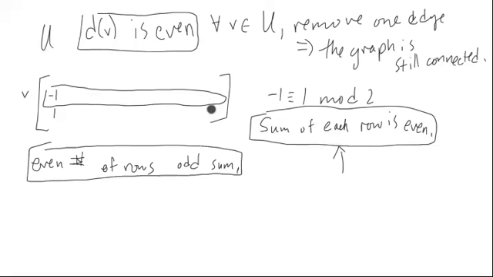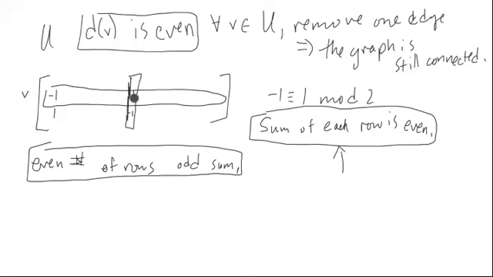All right. Now, when we remove one edge, let's see what happens. If we remove just a single edge from here, we're removing a -1 and a 1. And let's suppose that it makes the graph disconnected.